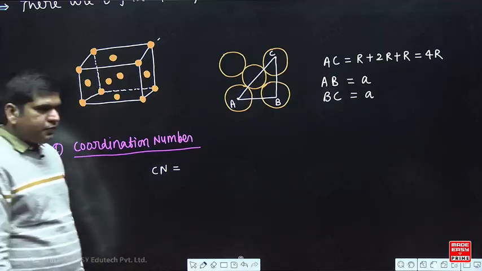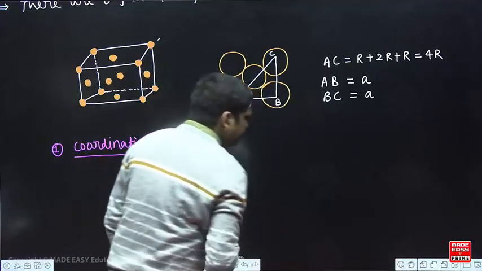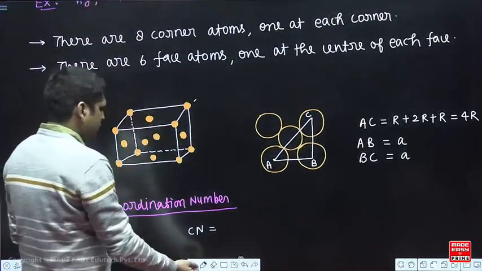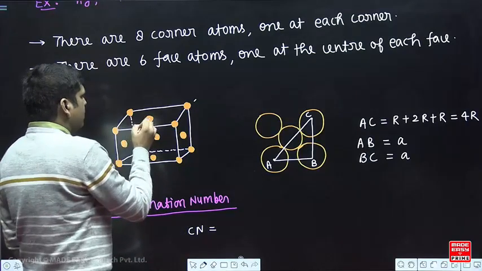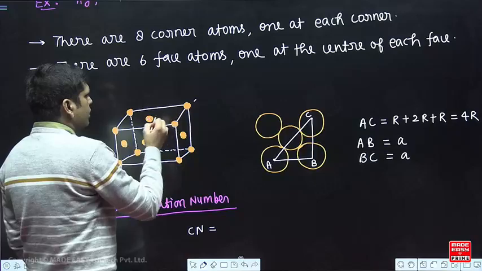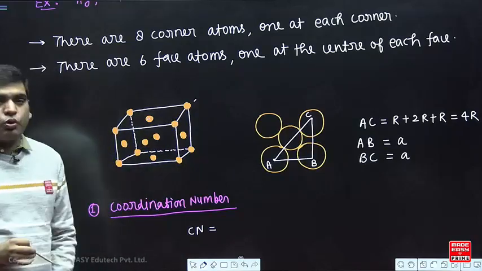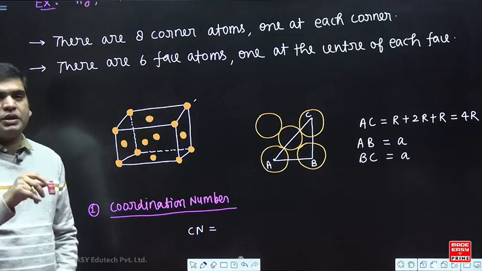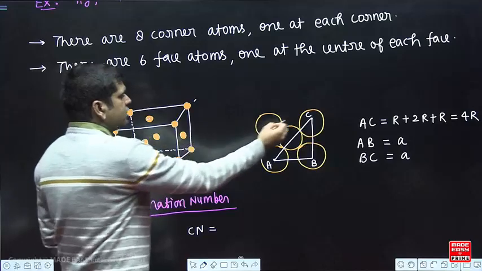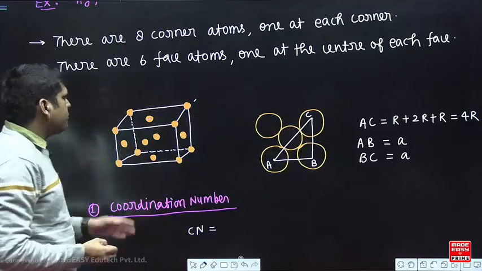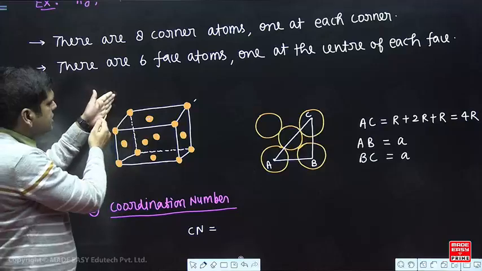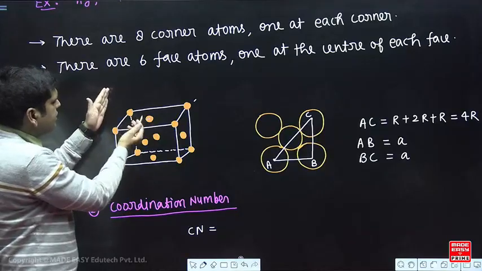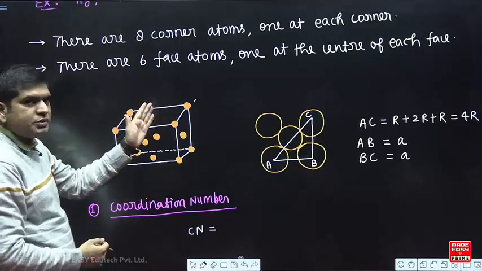So if I consider the face atom as the reference atom, then you see this face atom. So one atom this, one atom this, one atom this, one atom this. There are 4 atoms in the same plane, in the corners, which would be touching it like this. Then if you go to the upper plane, the corner cannot touch it, but this side face atom will touch it, this side face atom will touch it.